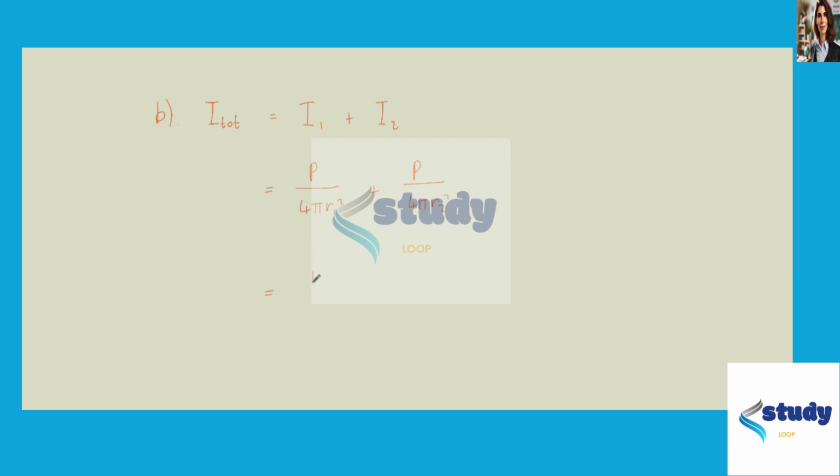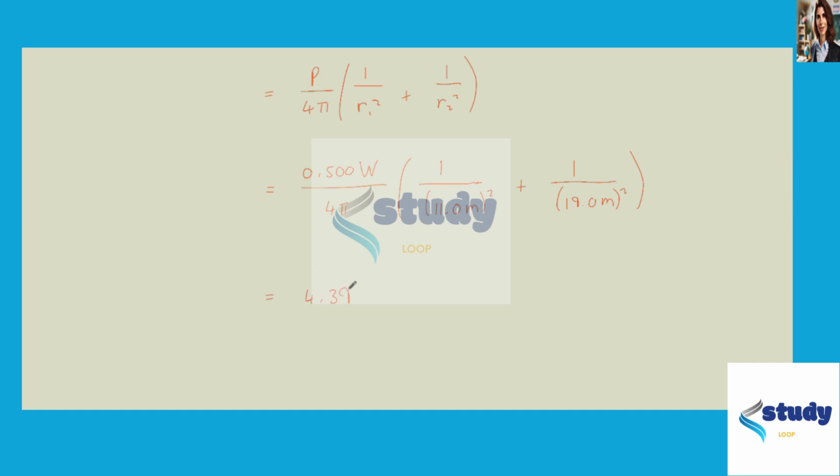So we can write this as the sound power over 4 pi into 1 over R1 squared plus 1 over R2 squared. And again, we know these values, so we can find this total intensity.